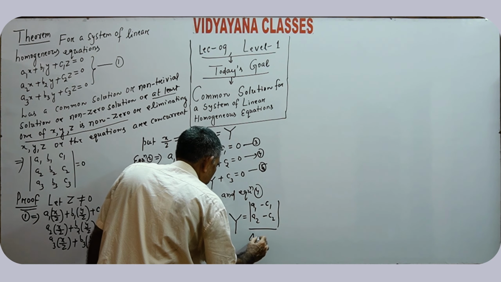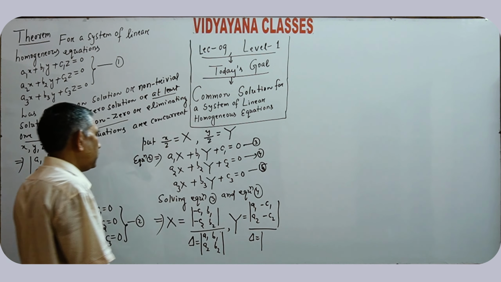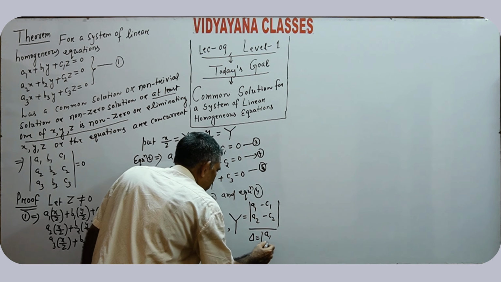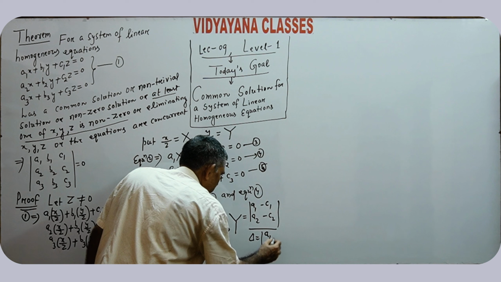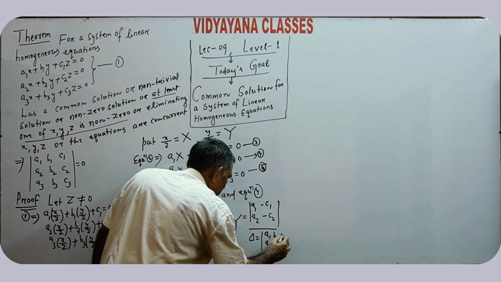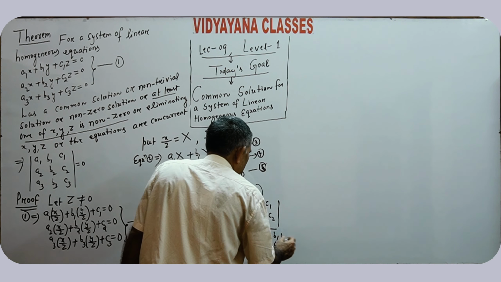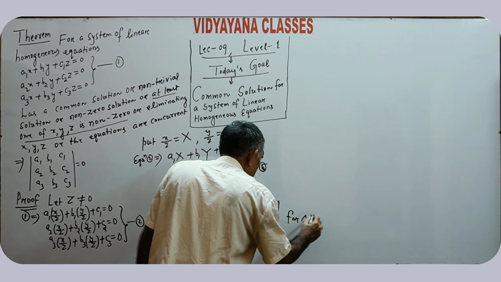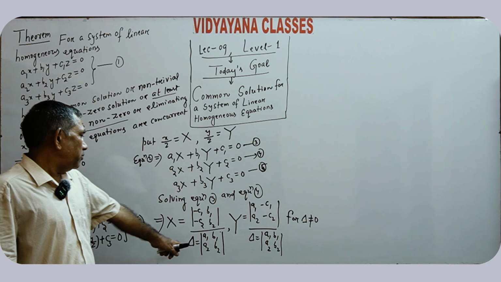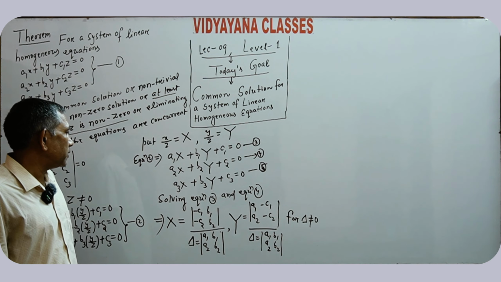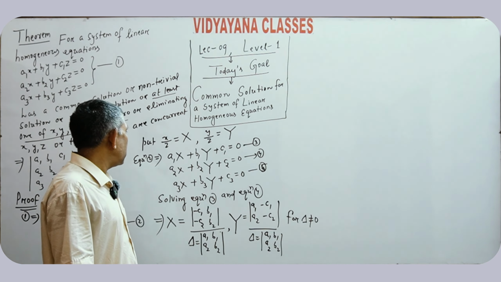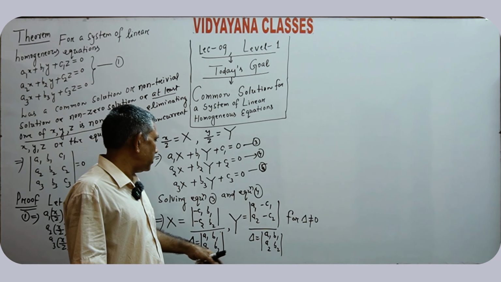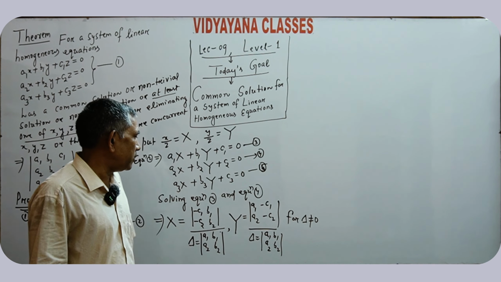Del is equal to determinant having elements A1, A2, B1, B2, for del not equal to 0. The denominator is not equal to 0. Clear? Solving equation 3 and 4, we get capital X equal to this result and capital Y is this result.